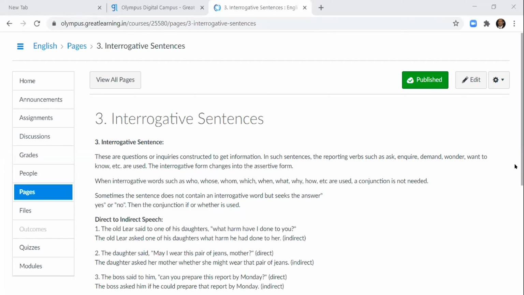When interrogative words such as who, whose, whom, which, when, what, why, how, etc. are used, a conjunction is not needed. Sometimes the sentences do not contain interrogative words but seek the answer yes or no. Then the conjunction if or whether is used. Very good.